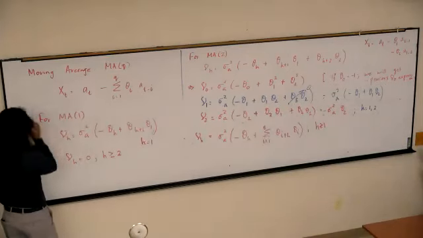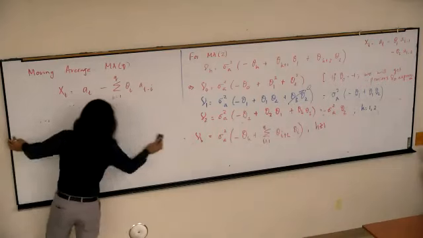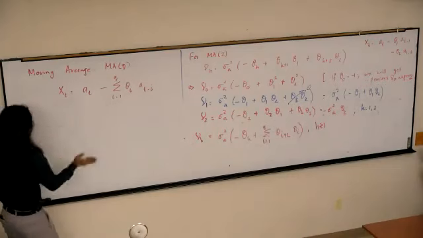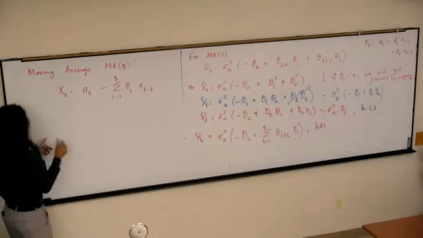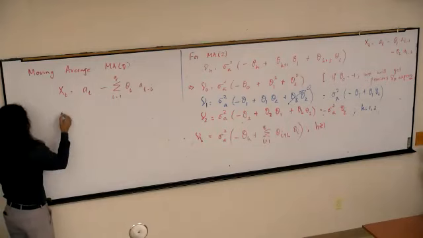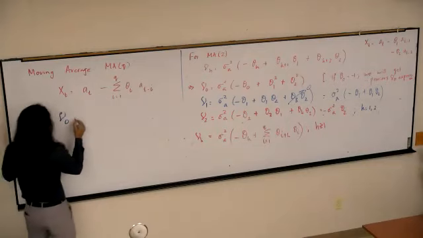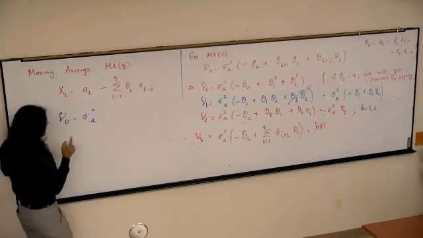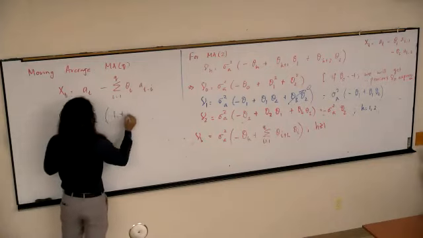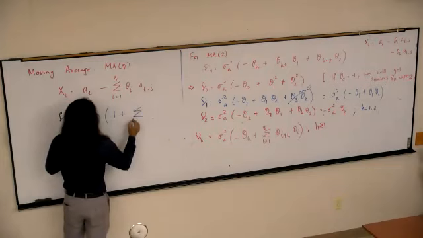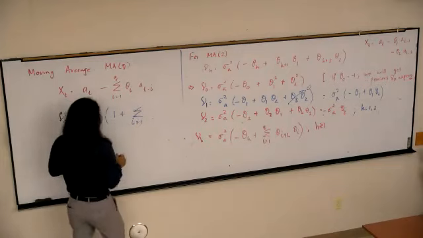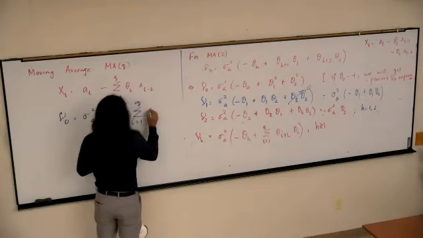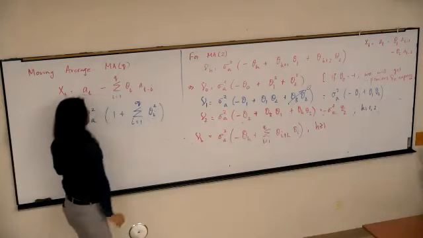So that is our expression. I'm going to keep H equals 0 separate. So gamma 0 is sigma squared A times 1 plus the sum i equals 1 to Q of theta i squared.